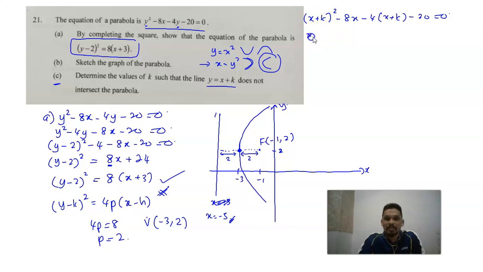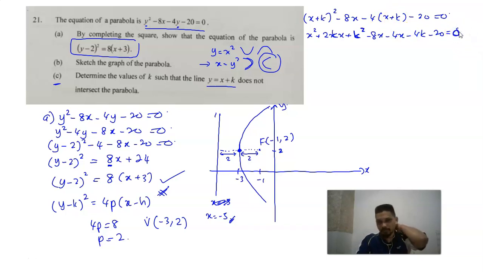So expand this: x squared plus 2kx plus k squared minus 8x, negative 4 times x, negative 4x, negative 4 times k, minus 4k, minus 20 equal to 0.